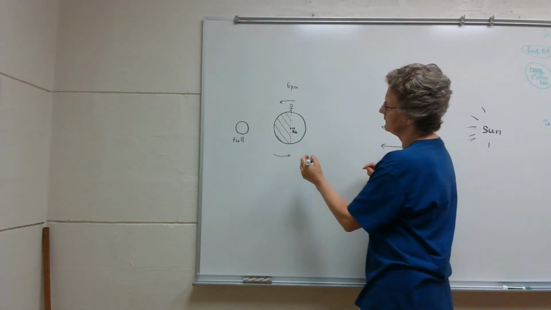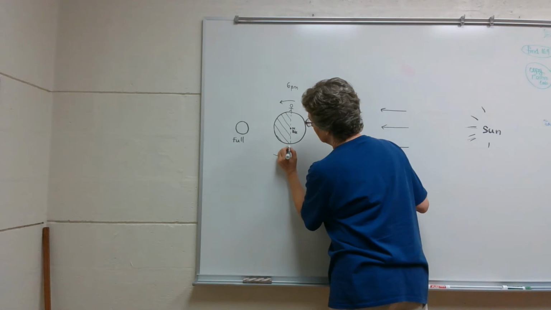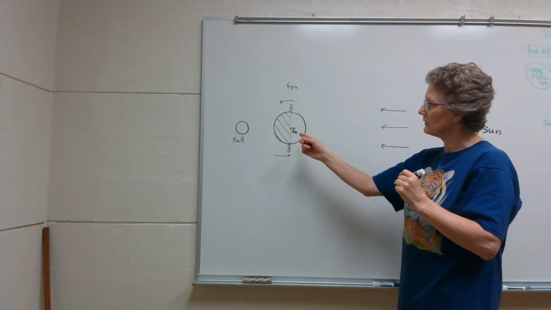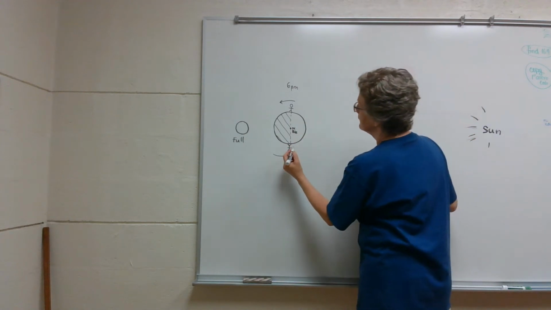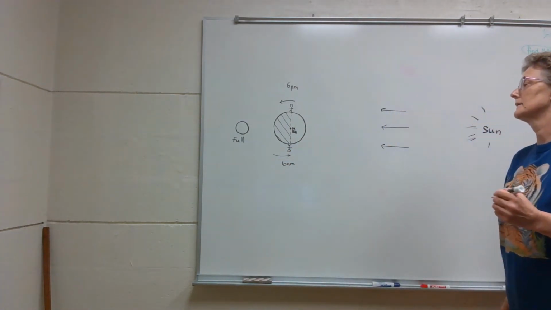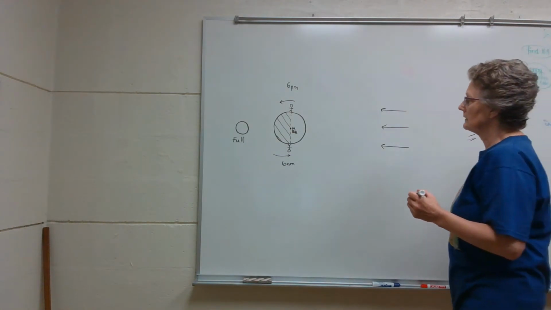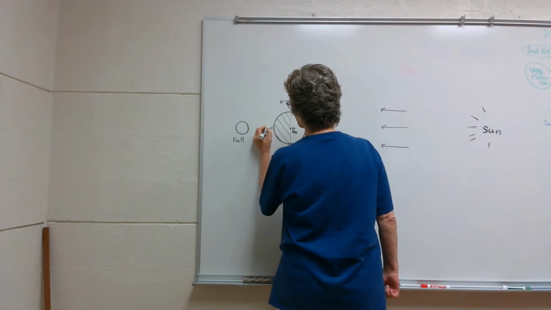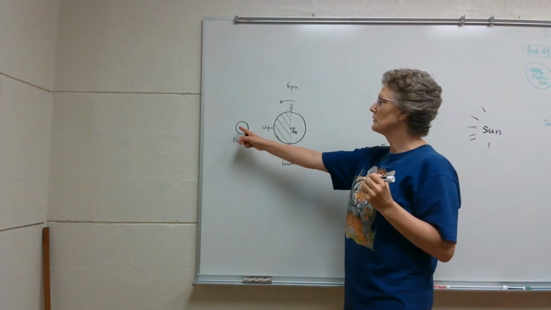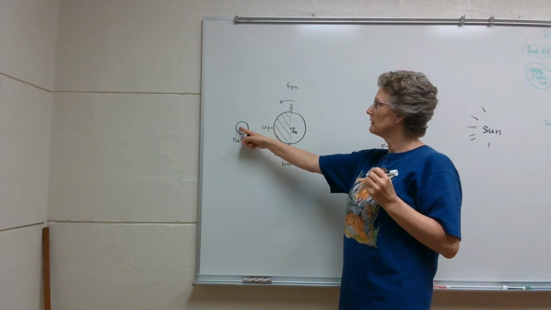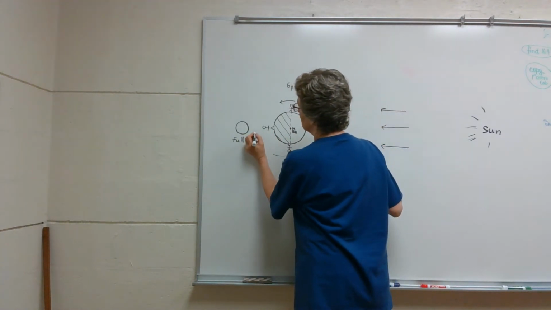Then if you're here, now you're just about to come into the light as the Earth comes around. So this must be 6 a.m. If you're here, and the moon is full, directly above you, it must be midnight.